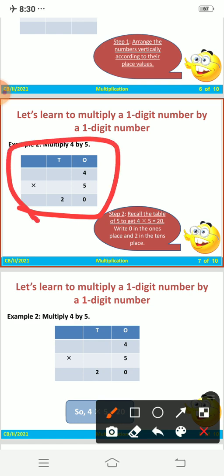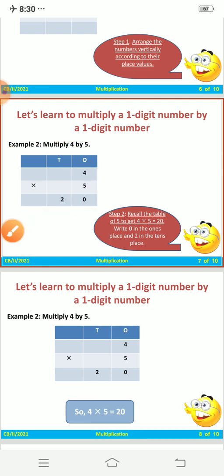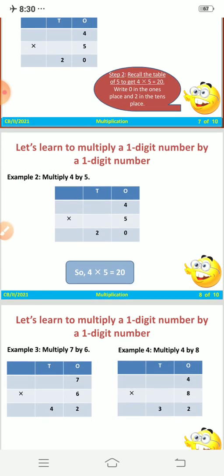You will write 0 in the ones place and 2 in the tens place. So it will be like this. So the answer will be 20. So that is 4 into 5 equals 20.